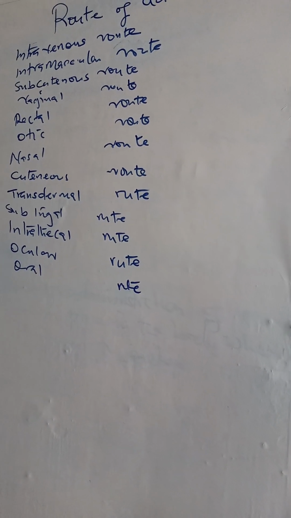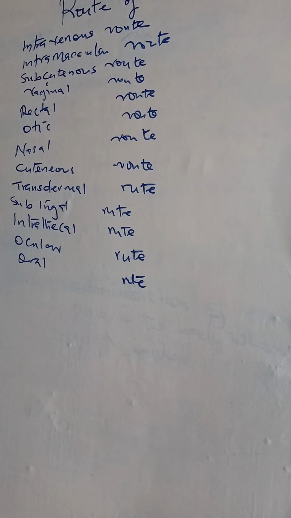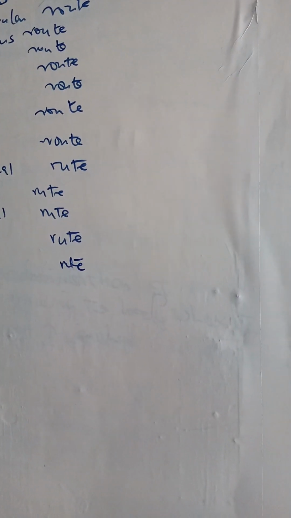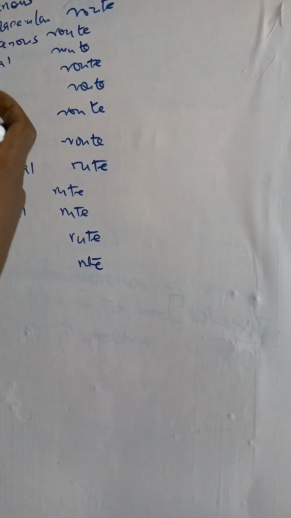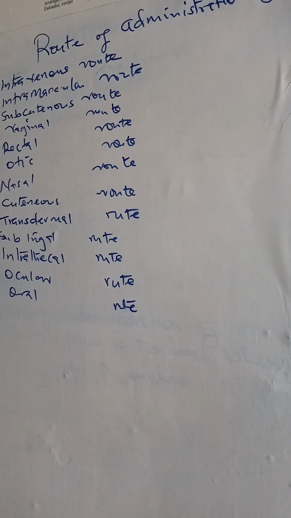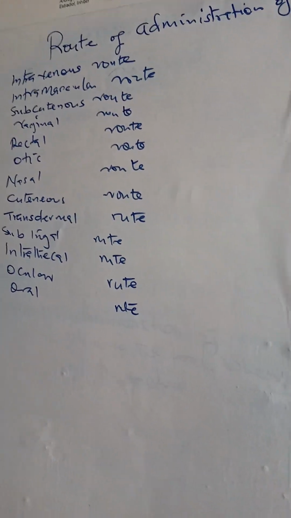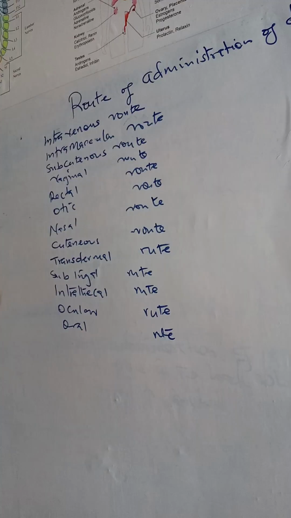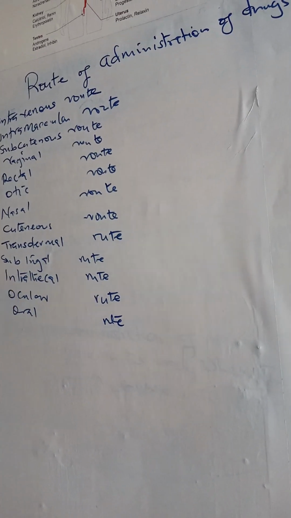When you talk about the routes of administration, you are talking about the specific part in the body where the drug is introduced, or administered, or passed to reach the site of action.